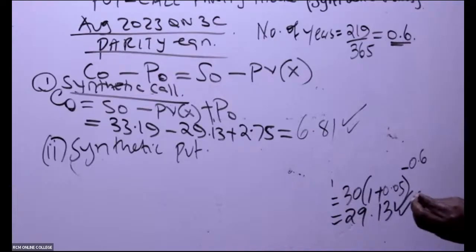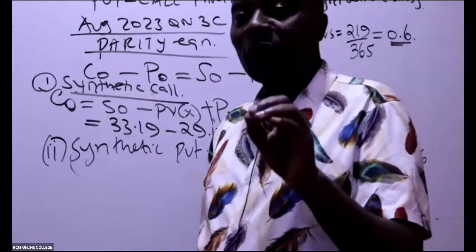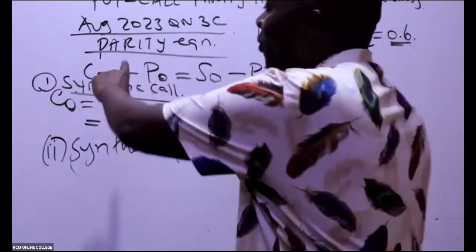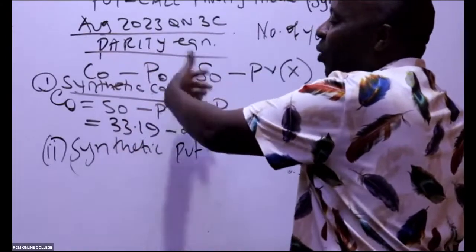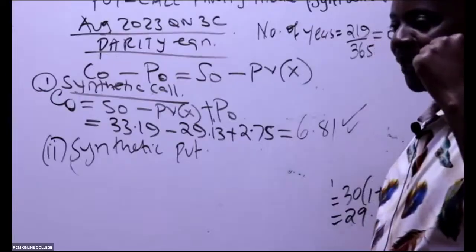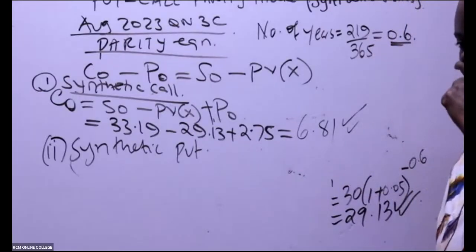So synthetic, whenever you want to get a synthetic asset, you must always go back to the call-put parity equation. You must go back to this. And then now you make which one the subject? You make PO the subject of the formula. Is there somebody who was able to make PO the subject of the formula now? Not many.